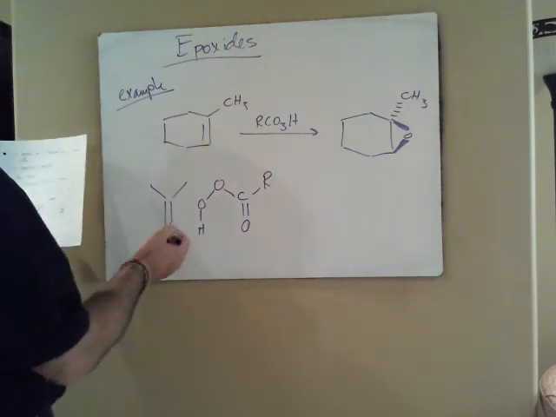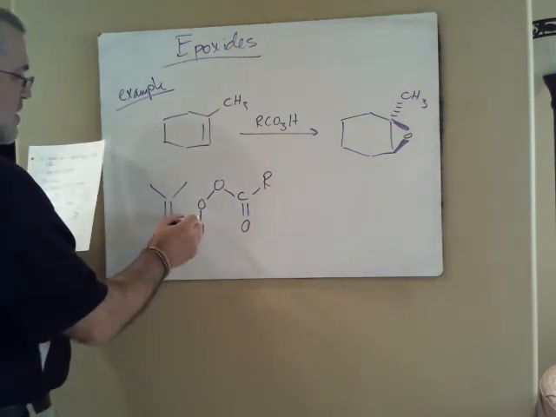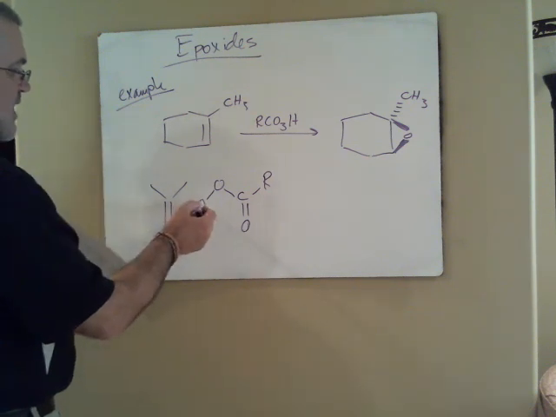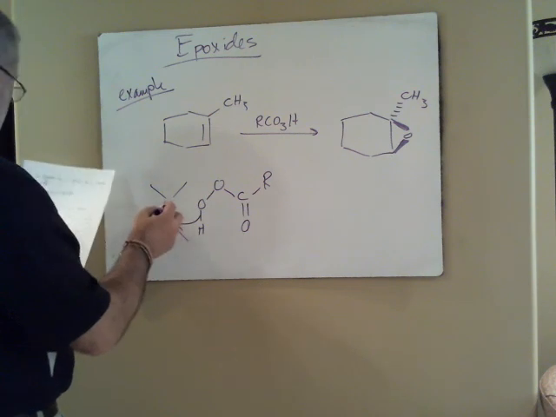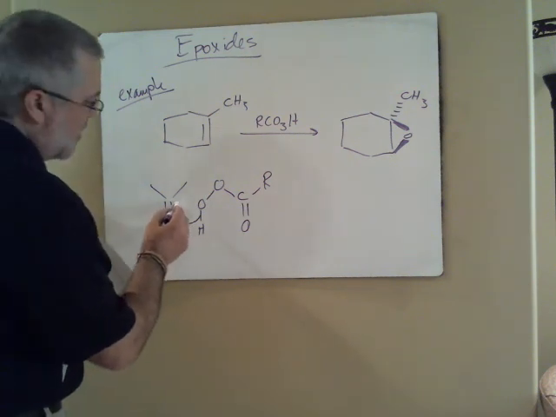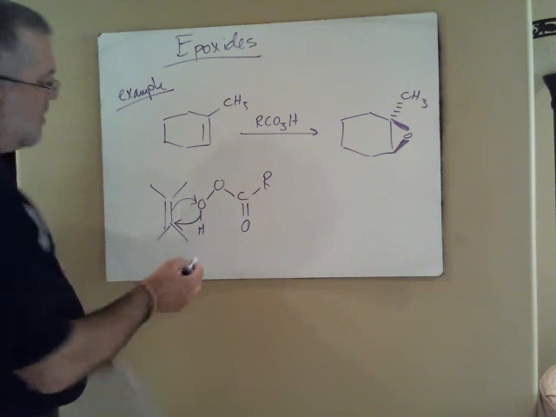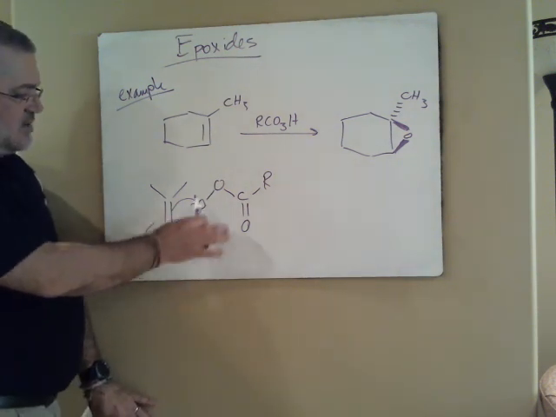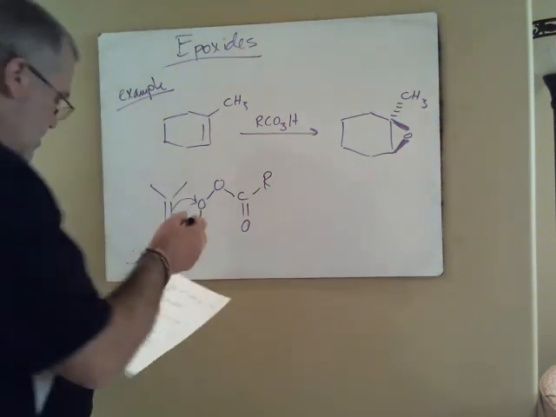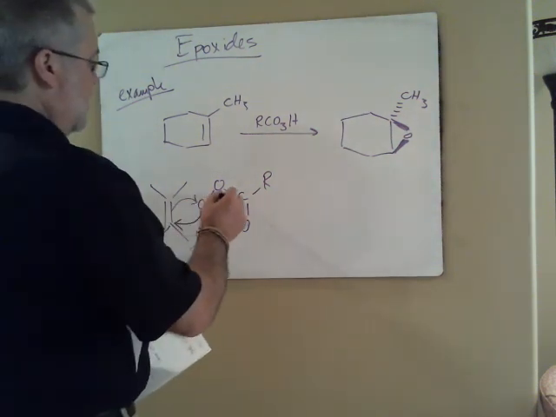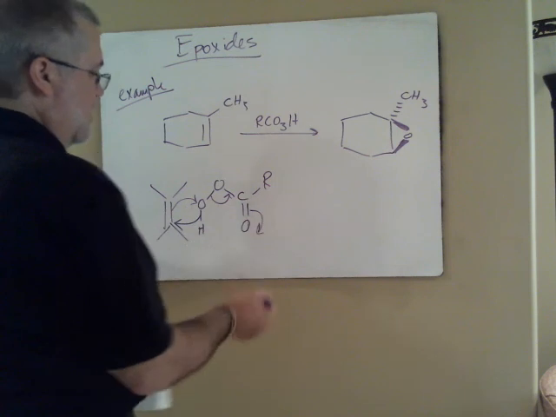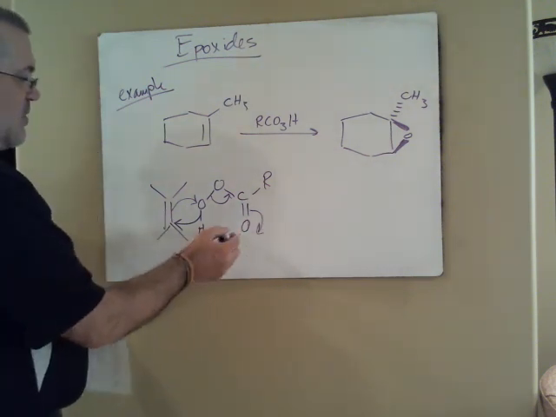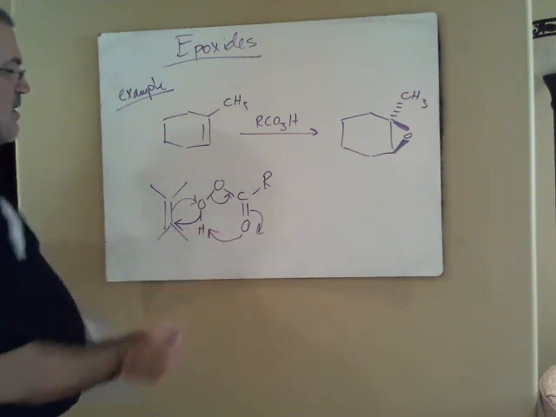Because basically in a concerted way, you're moving these electrons in, so you're forming a bond between this oxygen and that carbon. And at the same time, you're breaking this pi bond and moving those electrons out. So you're adding this oxygen in a concerted manner. Boom, boom. And then that moves these electrons around and out like this. And so then that OH minus it forms is able to take this proton.